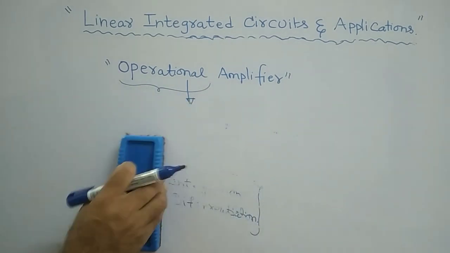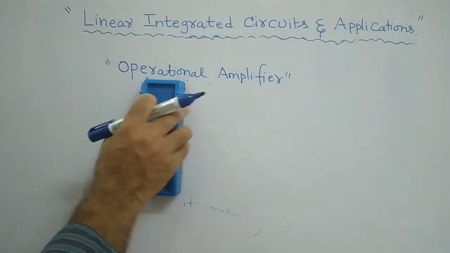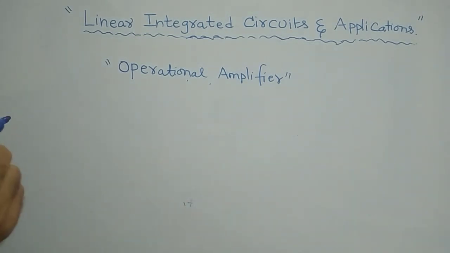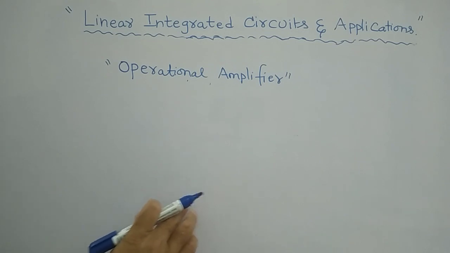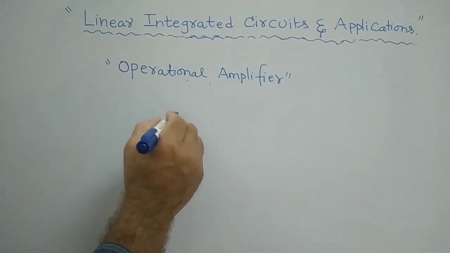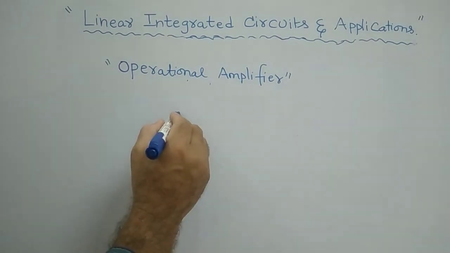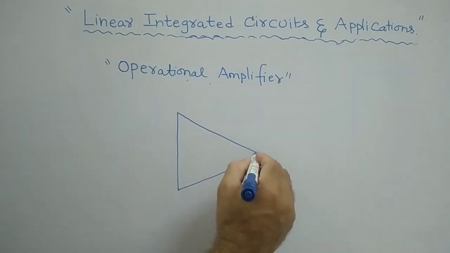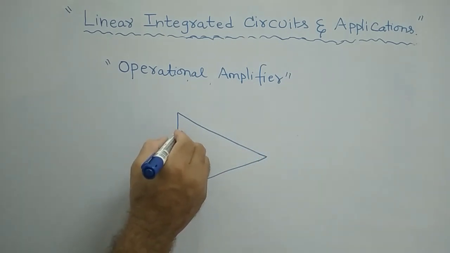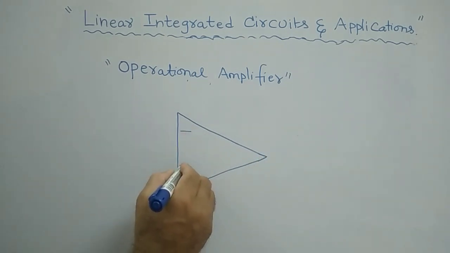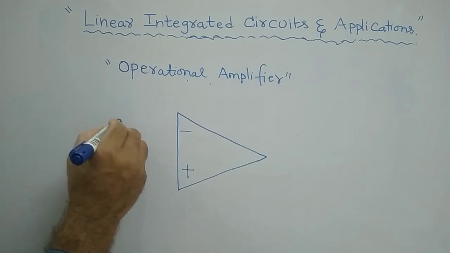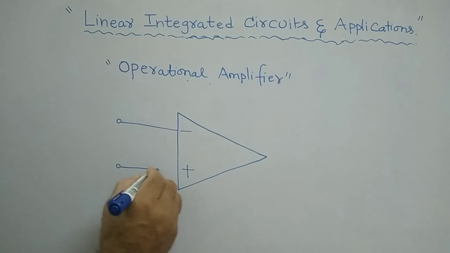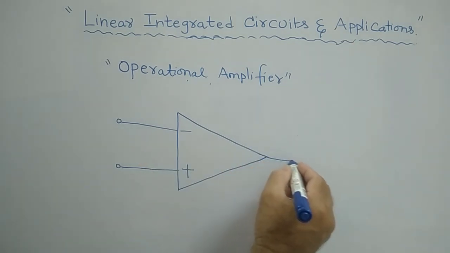And we have seen in the last presentation the ideal characteristics. The representation of the operational amplifier is like this. It has two inputs: one input terminal is designated with a minus sign, another input terminal is designated with a plus sign, and this is the output terminal.